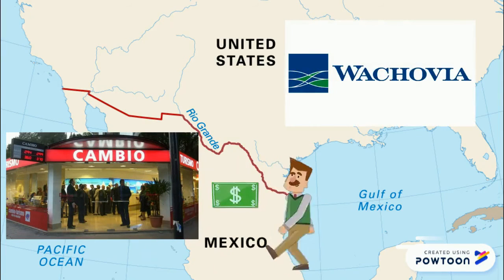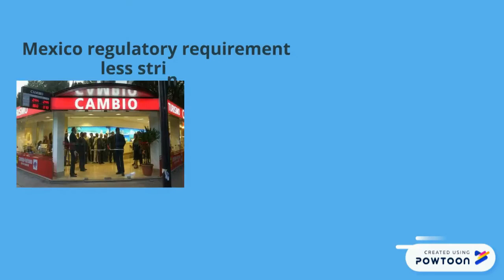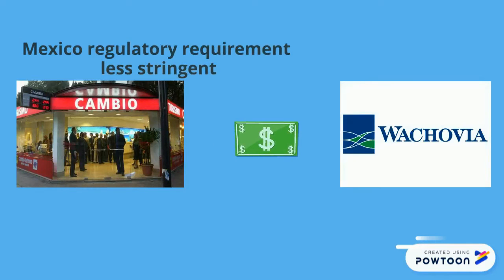The drug cartels approached the CDC with US dollars to convert them to Mexican pesos. As Mexico's regulatory requirements are less stringent, the CDC never checked the origin of the money and straight away wired and shipped the money to the US using Wachovia's bulk cash service provided to them.